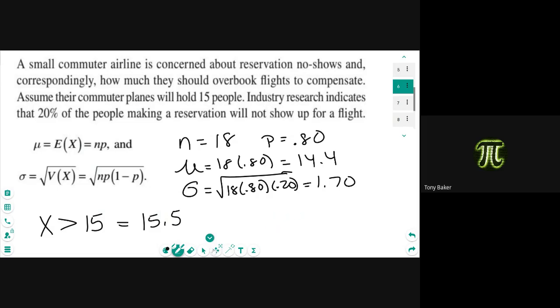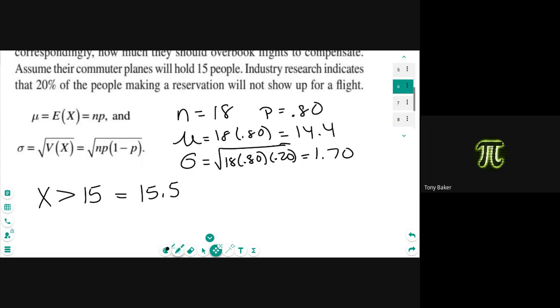All right. So now we've got to do our z-score. So 15.5 minus the mean, not 18, sorry, I mean 14.4, over 1.70.